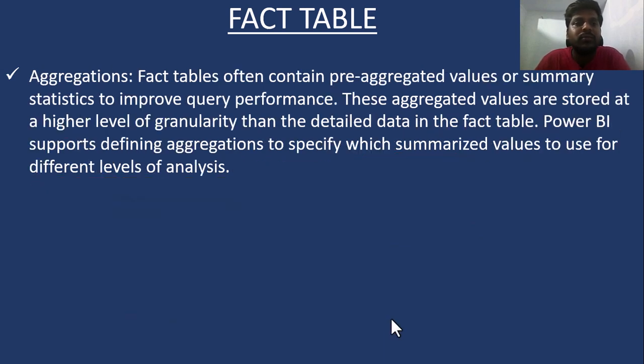Okay, let us move further. Here in a fact table we have the aggregations. Few fact tables may contain pre-aggregated values or summary statistics, provided to improve query performance. They are stored at a higher level of granularity. Power BI supports defining aggregations to specify which summarized values to use for different levels of analysis.